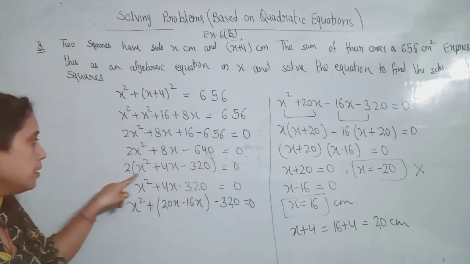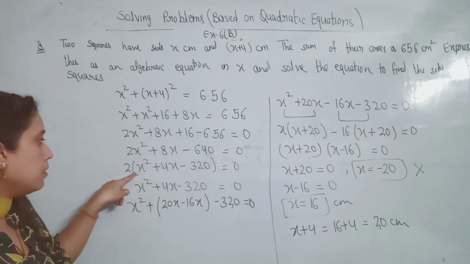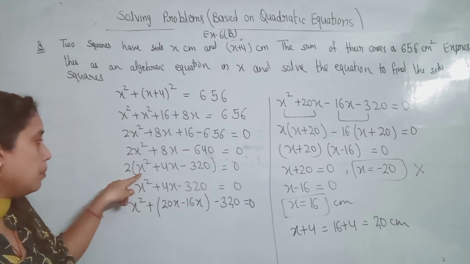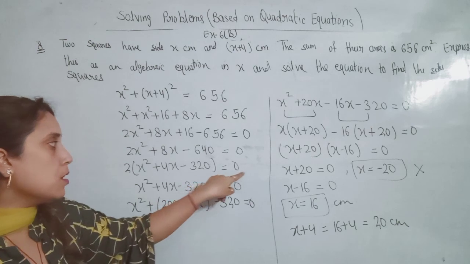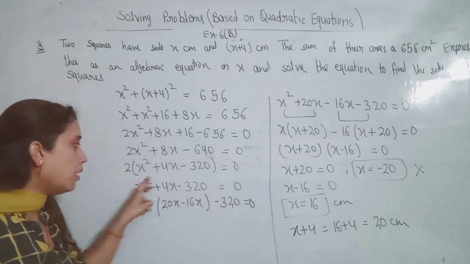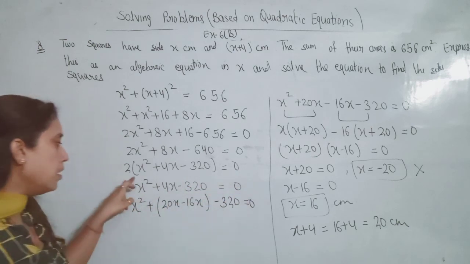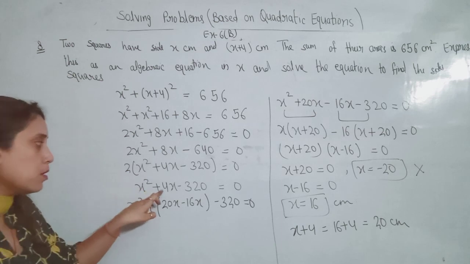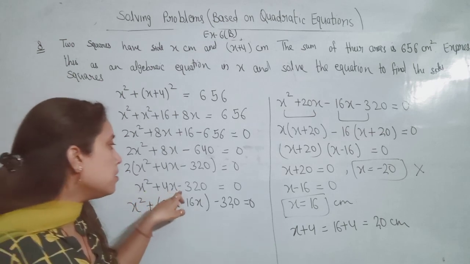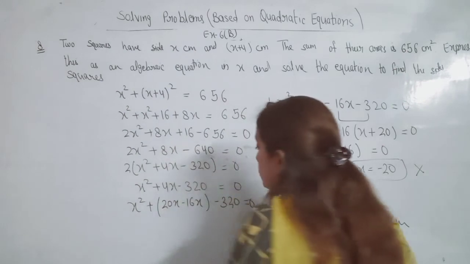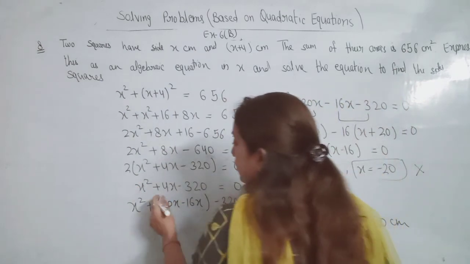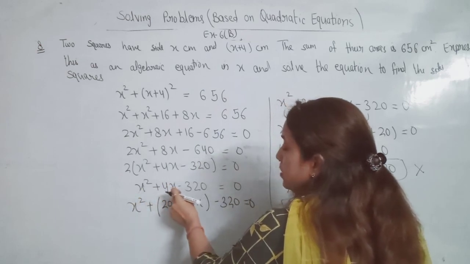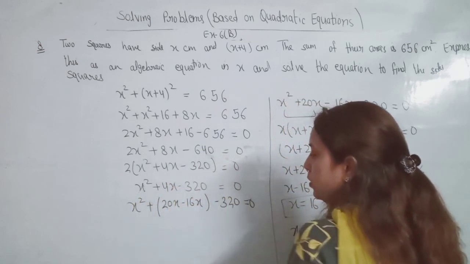Take 2 common. In bracket, x square plus 4x minus 320 is equal to 0. So the quadratic equation is x square plus 4x minus 320 is equal to 0.